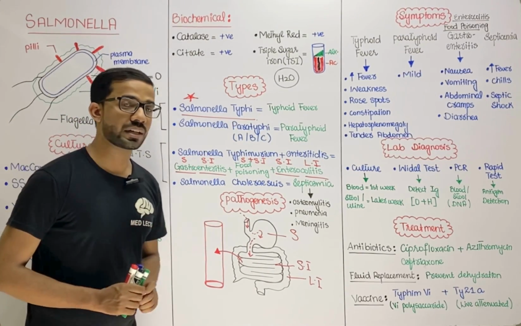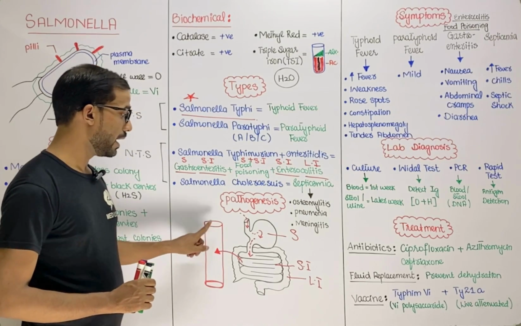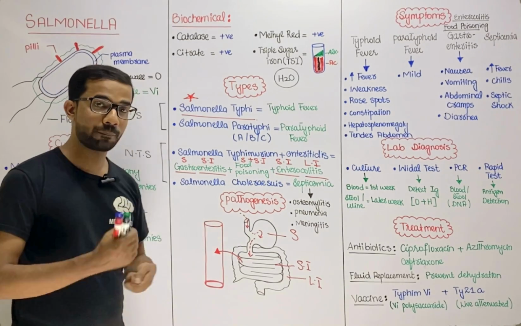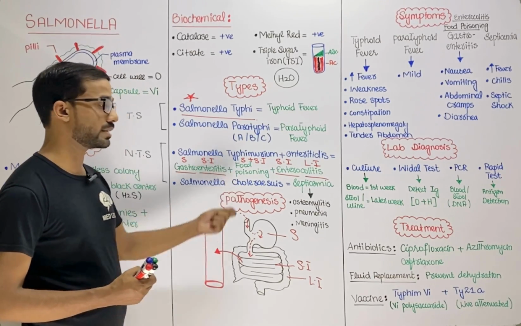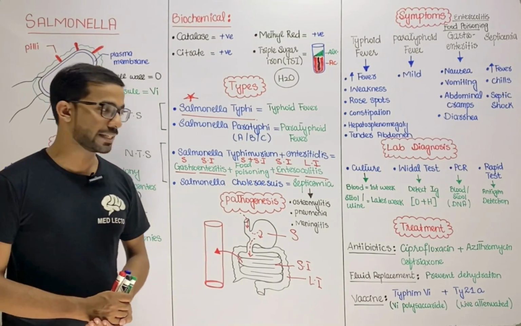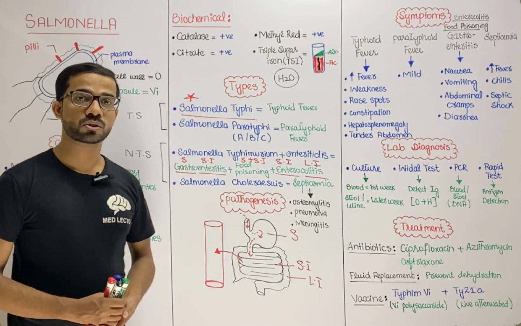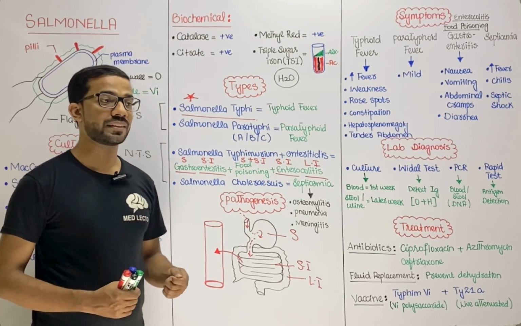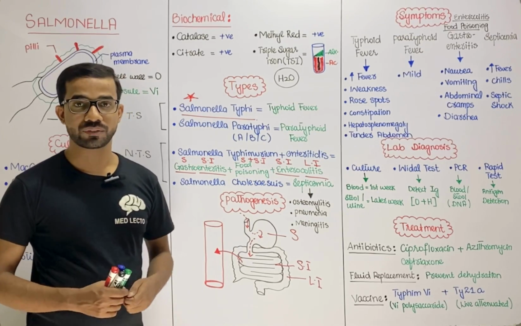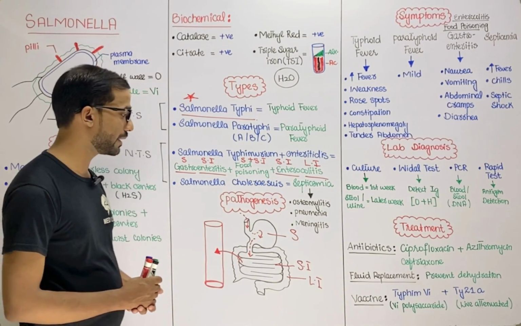But the most important species that is present in the blood and multiplies itself and produces the toxin is choleraesuis, that causes septicemia, and ultimately it can also go towards septic shock, where low blood pressure and hypoperfusion of the different organs happens.